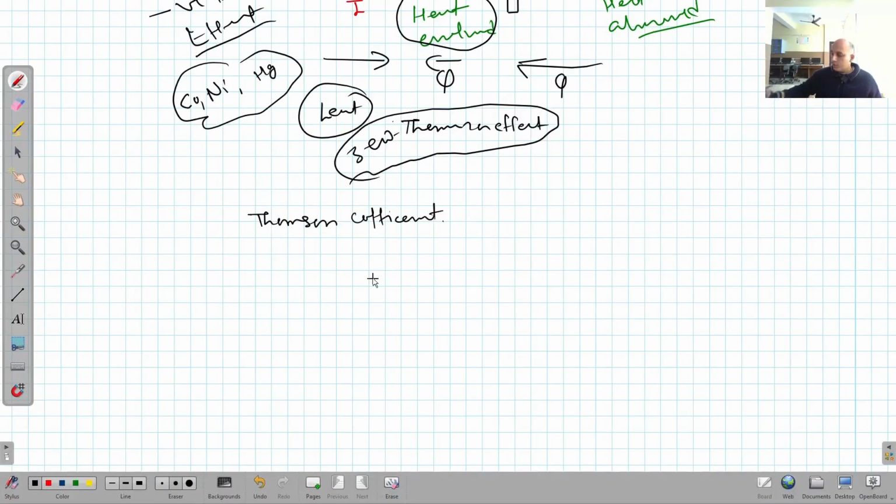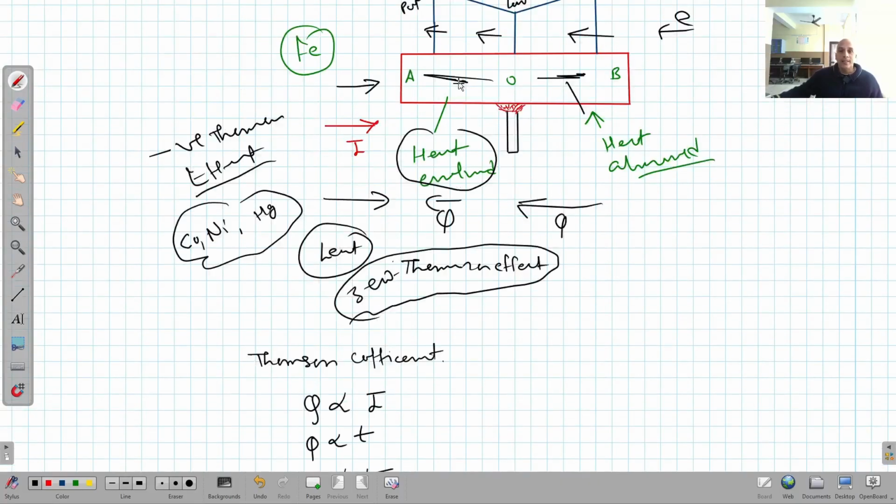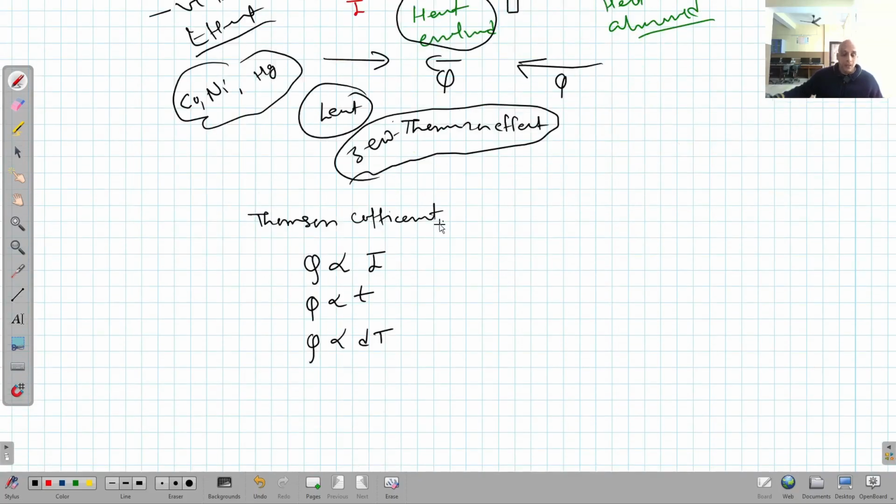It is observed that the amount of heat evolved or absorbed is directly proportional to the flow of current in the metal. It is directly proportional to the time for which the current is flowing. It is also directly proportional to the temperature difference between the two ends of the conductor.